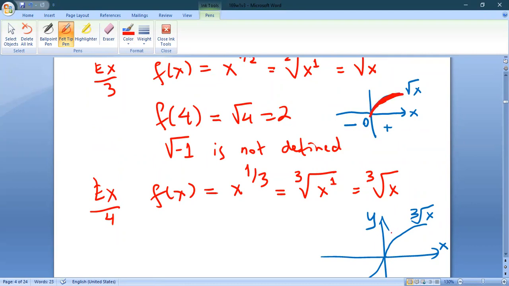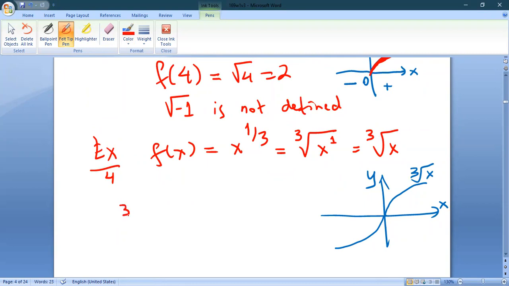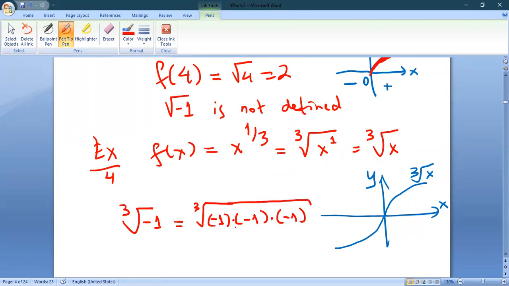But in this case, we can talk about cubic root of -1 because we can write -1 as -1 times -1 times -1, because think about it, if you multiply -1 3 times by itself, it is still -1.